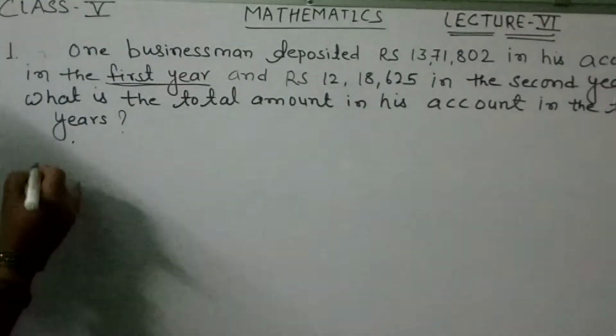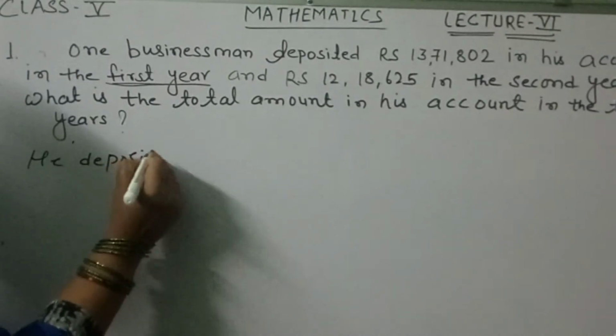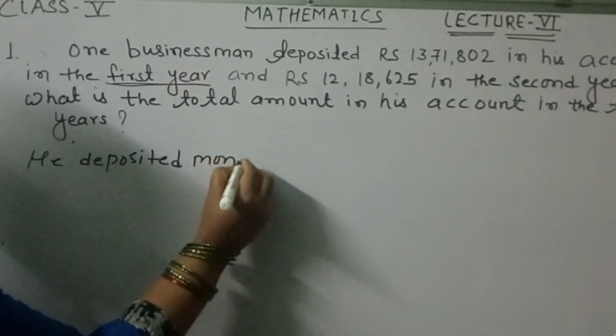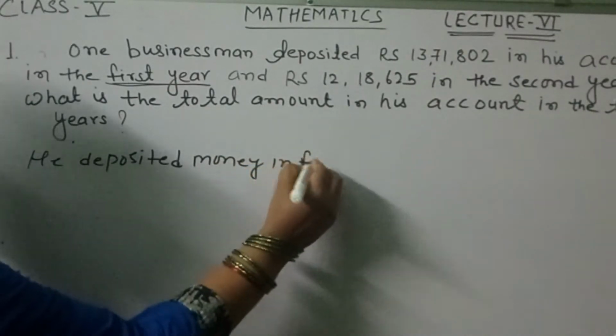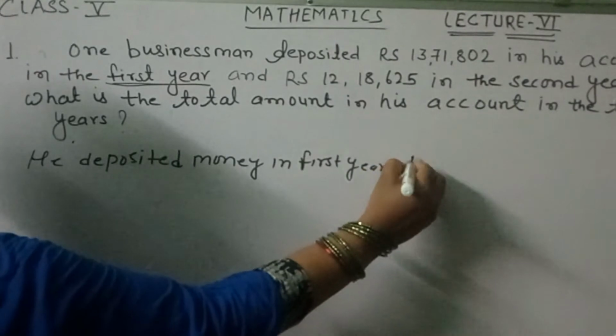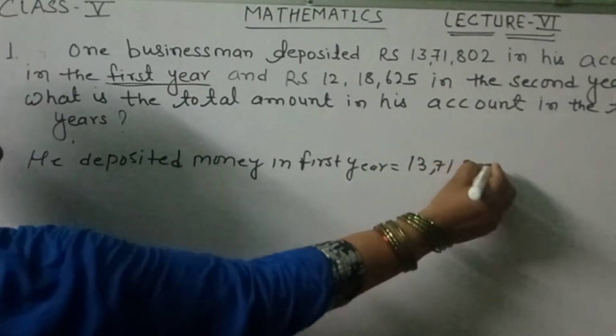the businessman deposited money in the first year. How much? 13 lakh 71,802.